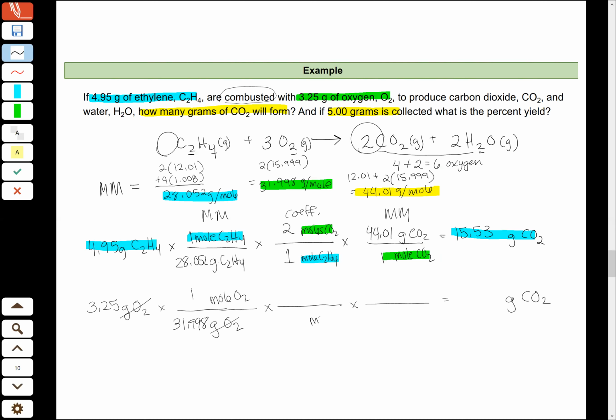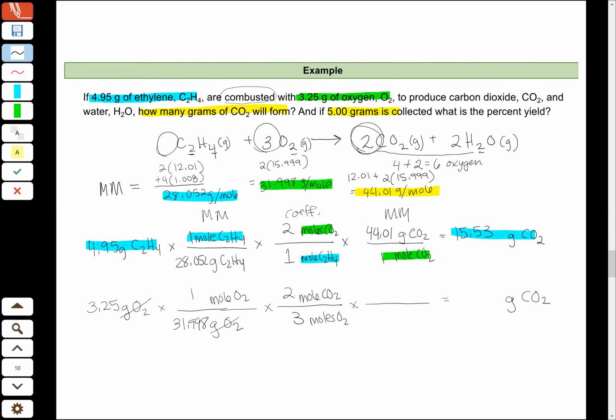Now I want my moles of O2 out of the picture, and I want my moles of CO2 to be what I actually end up in units of. So I will take my coefficients. In front of the oxygen, I have a 3. In front of my CO2, I have a 2.